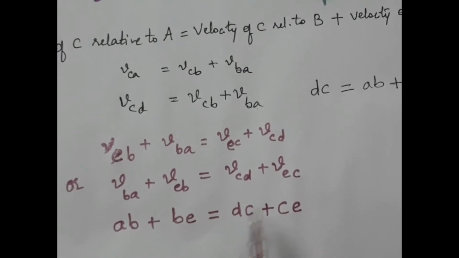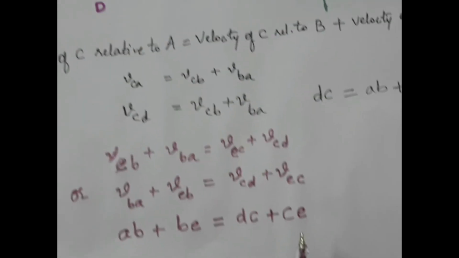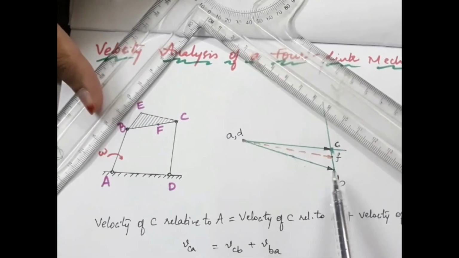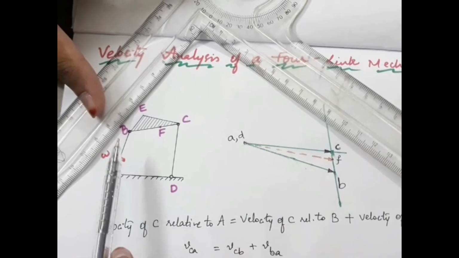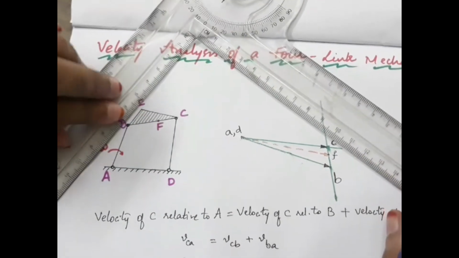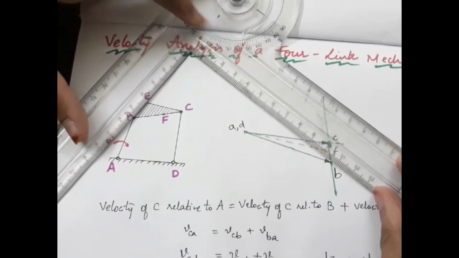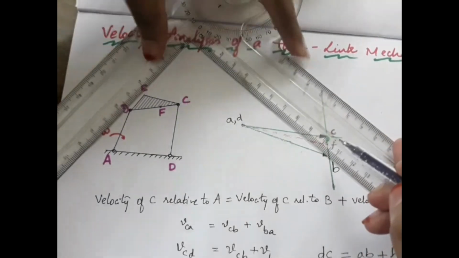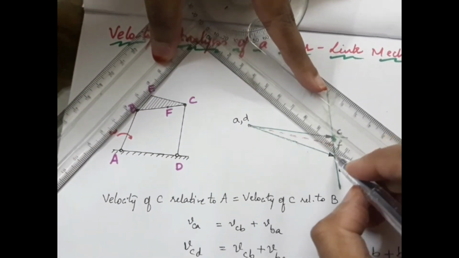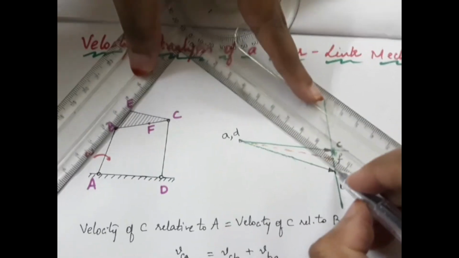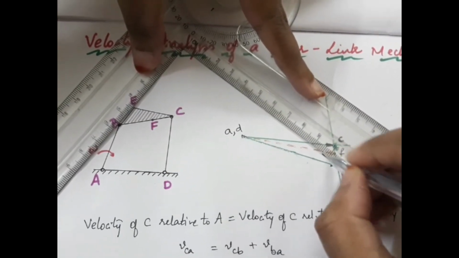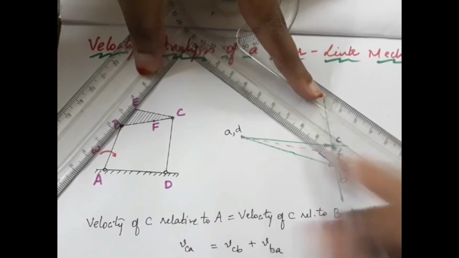So we will be drawing the BE vector which is perpendicular to link BE. I've aligned the BE scale along this link BE. Now this scale is perpendicular to the link. So through B we shall draw a perpendicular to the link.